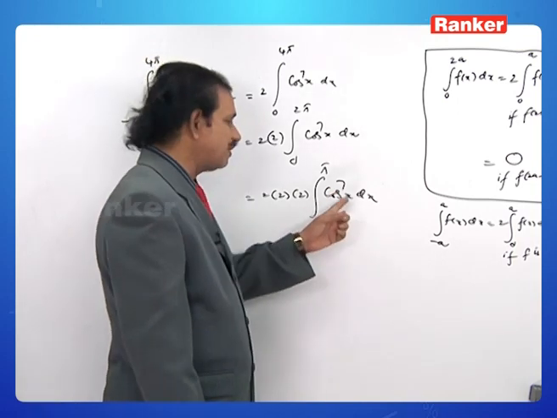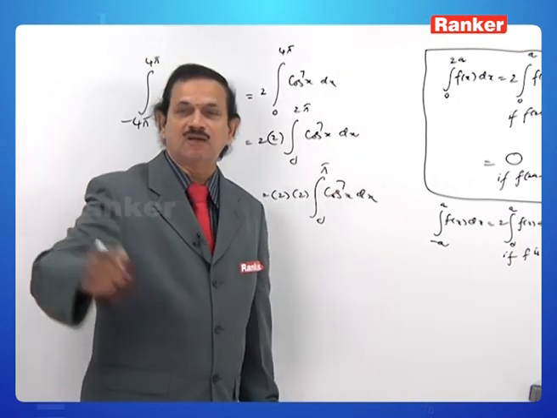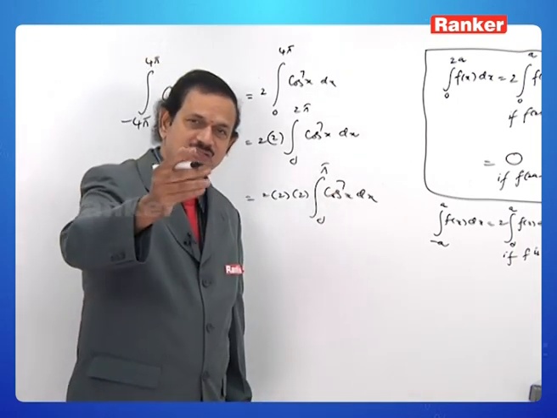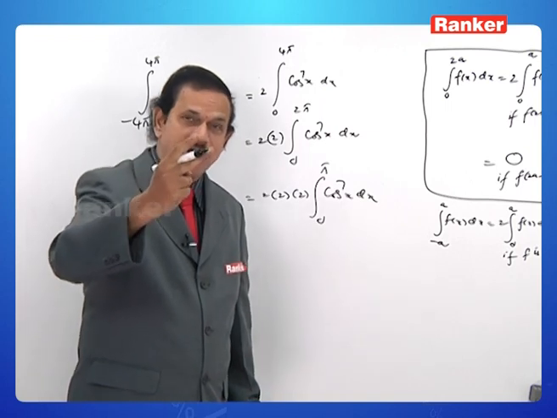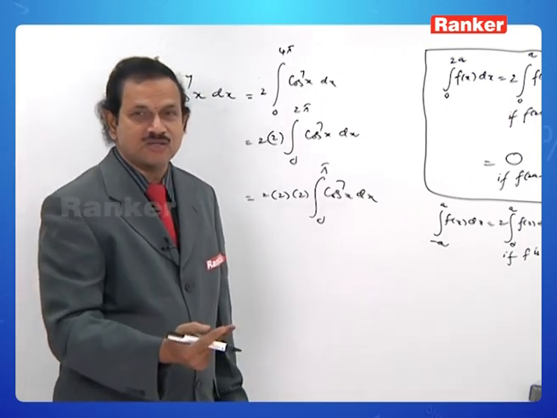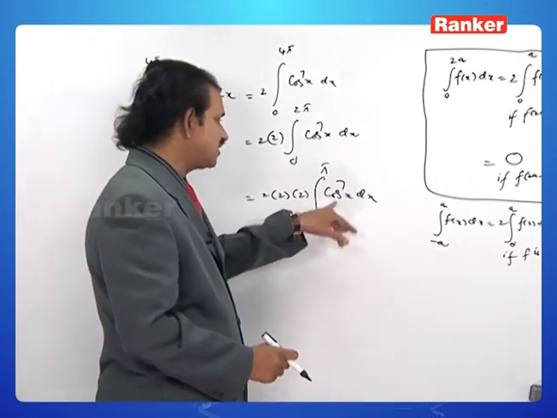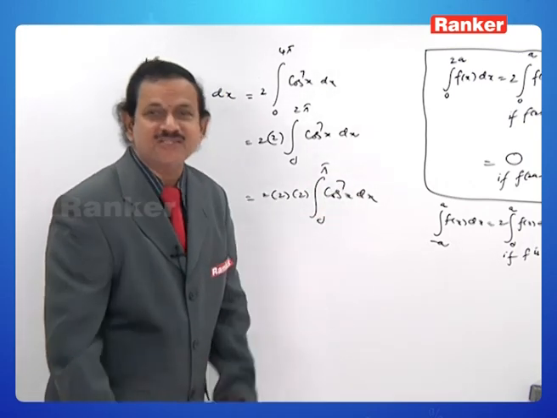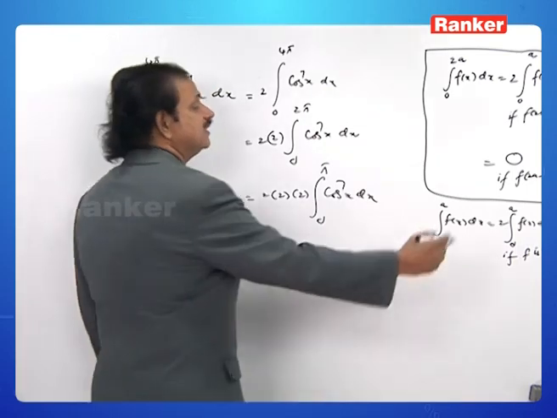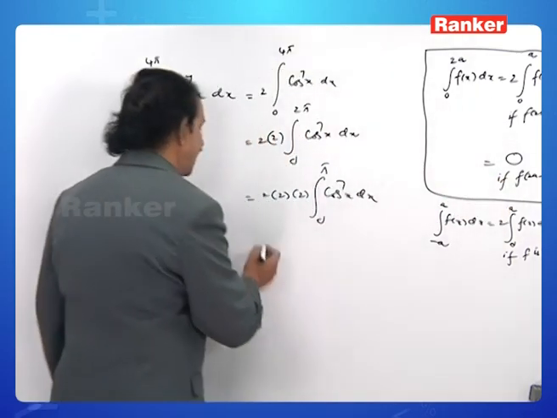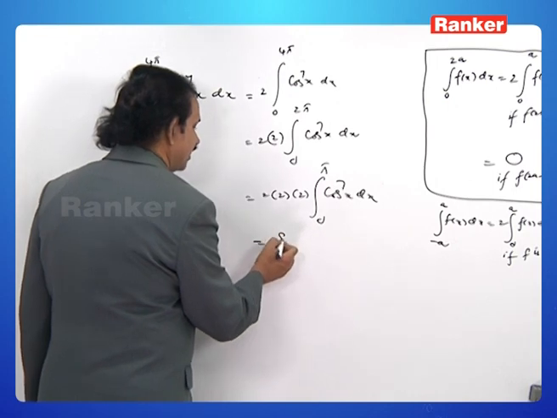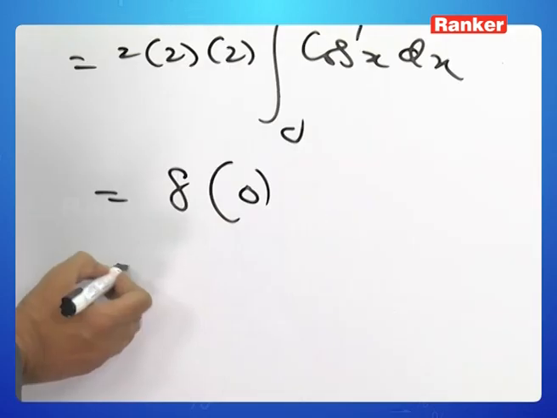What is cos of pi minus x? It is in the second quadrant. In the second quadrant, the cos function is negative. So cos of pi minus x is minus cos x. Minus cos x whole power 7 is minus cos power 7x. Hence, the second case is to be applied. Hence, it is 8 into 0, which is 0.